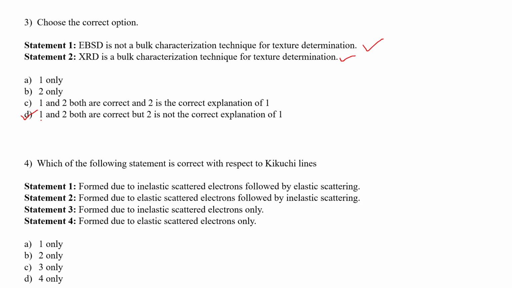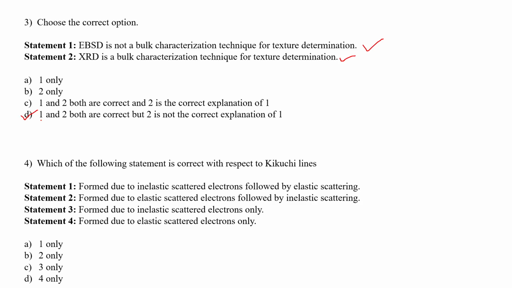So then we'll move towards the last question for today's lecture, which says which of the following statements is correct with respect to the Kikuchi lines. All of you should try to answer this. Only one of the statements is correct. You need to tell which statement is correct. Statement 1 says that Kikuchi lines are formed due to inelastic scattered electrons followed by elastic scattering.